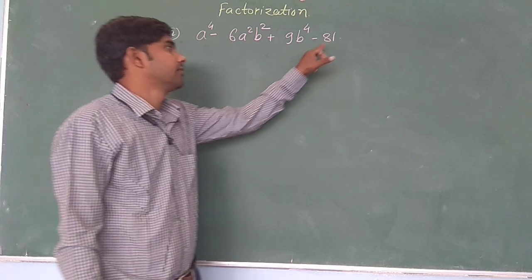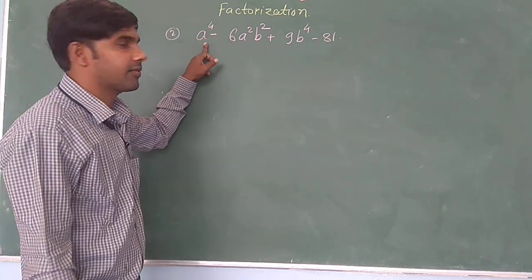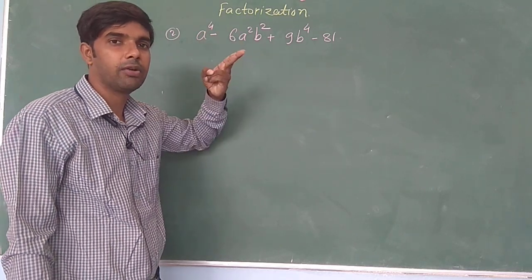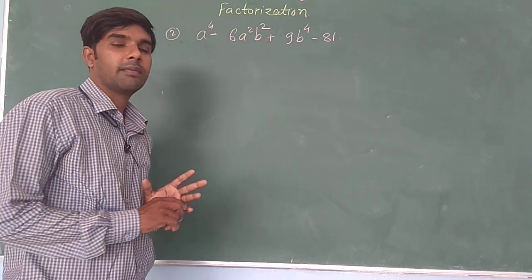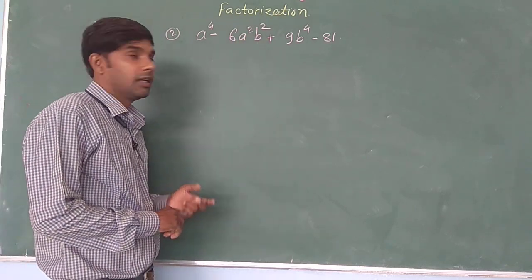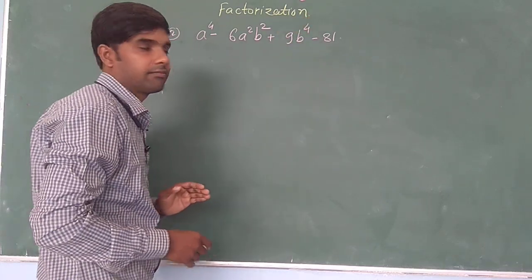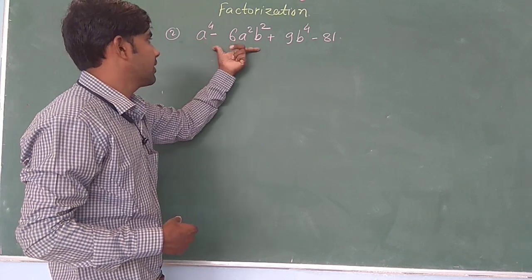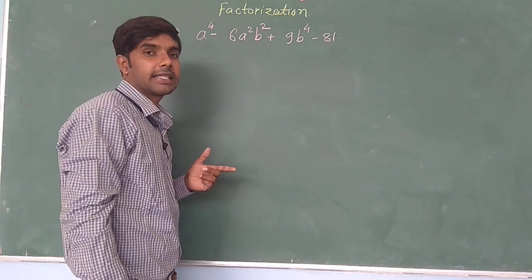Now look here. 81 is the square of 9. a raised to 4, b raised to 4, a and b, two literals are there, and again 6a square b square is a product of two literals. So we make a group of the first three terms and the last term separately, because in the group of first three terms we use which identity?